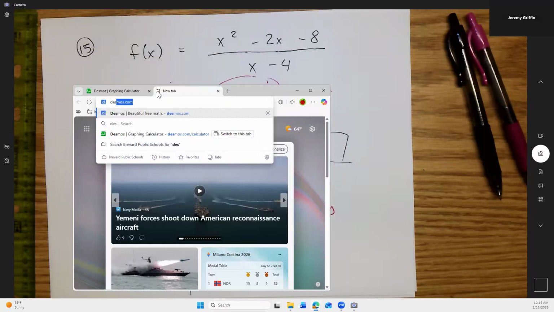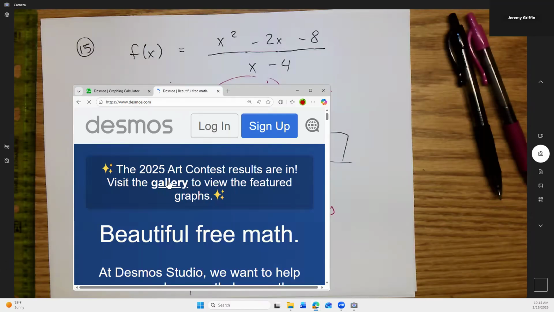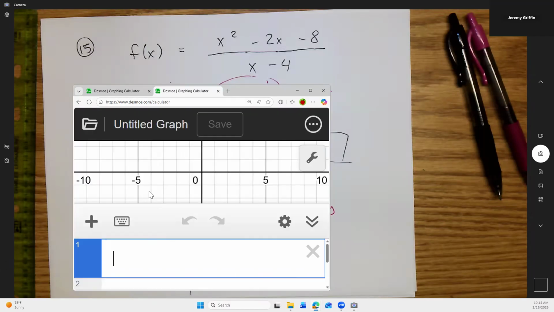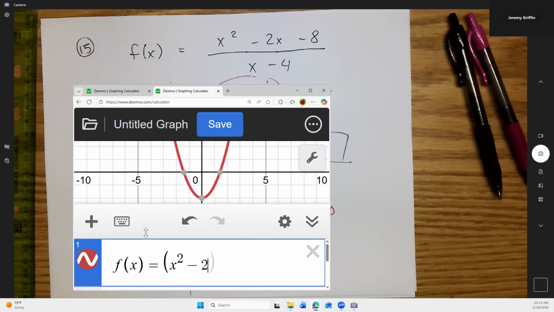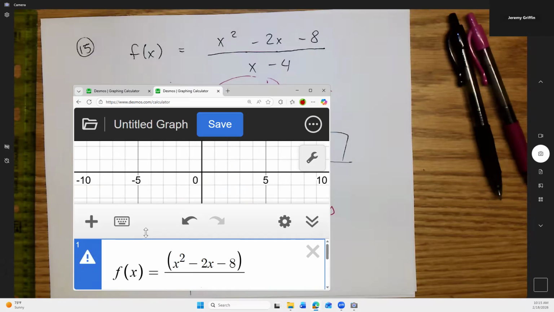All right, so Desmos. Graph calculator. All right, so let's do f of x equals x squared minus 2x minus 8. Put that in parentheses. Divide by, and then in new parentheses, x minus 4. Now, remember, we know what this should look like because we just did it.